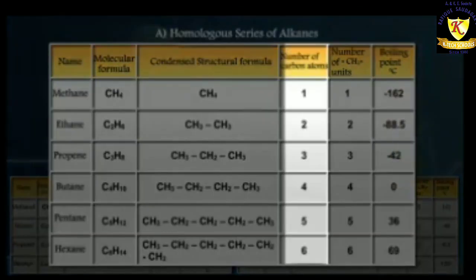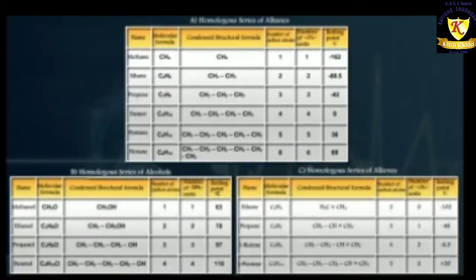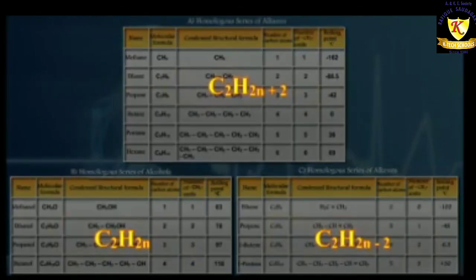Number of carbon atoms increases by 1. Chemical properties of members of homologous series show similarity. All the members of the homologous series can be represented by the same general molecular formula. So, children, understood this?